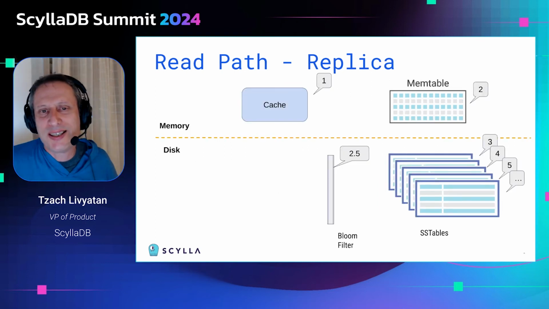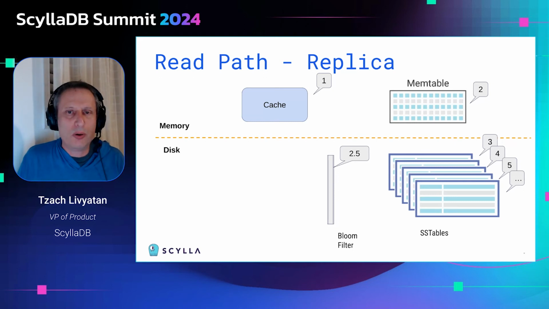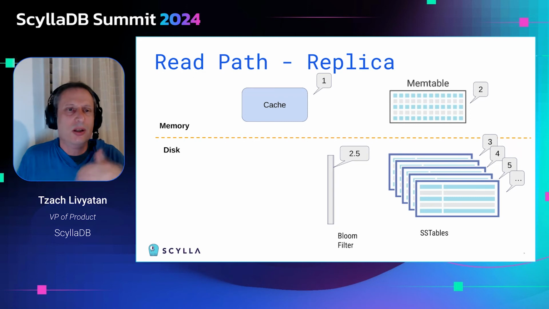The read path is slightly more complex because the data can be in one of many places. So Scylla will first check the cache. If the data is there, or in the memtable, it can return a value pretty fast. Then it will check the memtable and all the SSTables on disk for this table, take the latest value that it finds, and send it back to the user as a response.